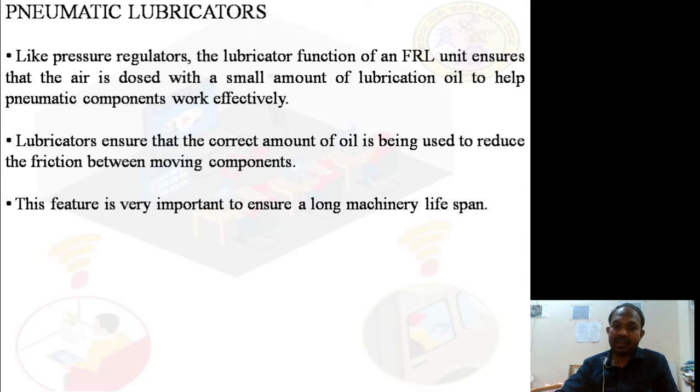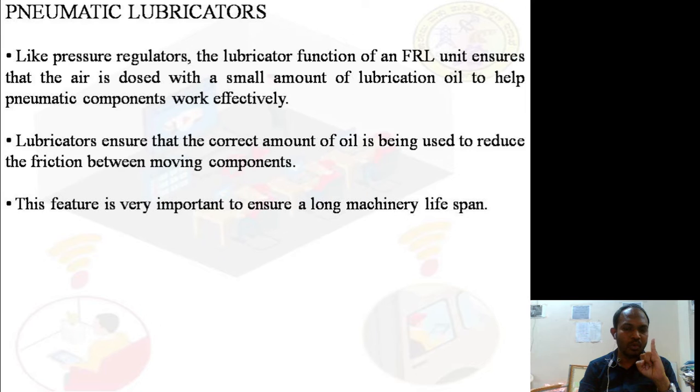Now my dear friends, I was just talking about lubricators. Even in the previous session, I was talking about the air dryer. If the moisture content mixes with the oil, it forms a jelly which restricts the movement of the moving parts.